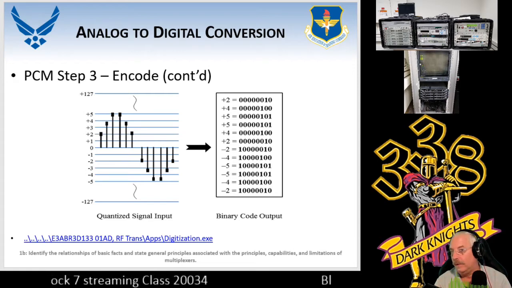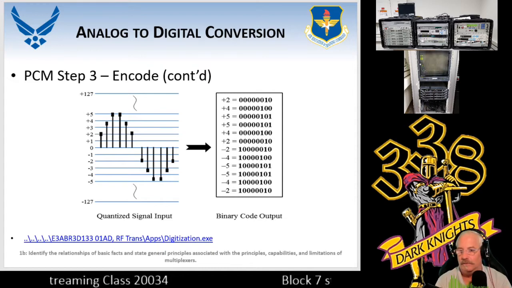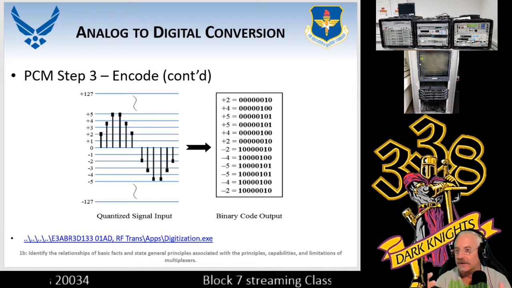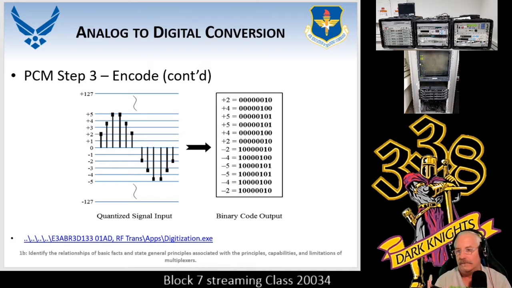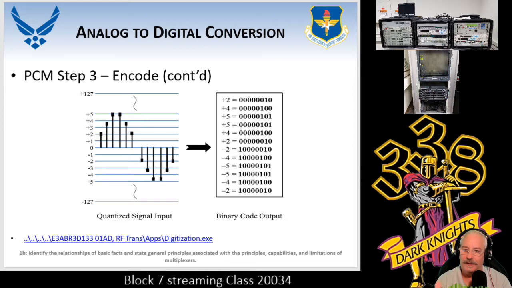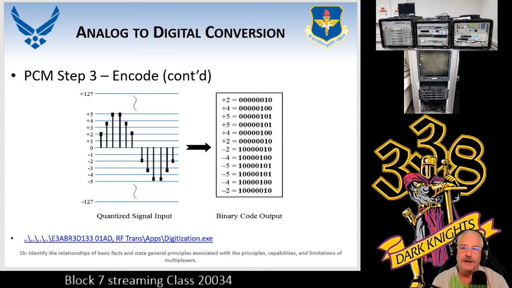But in our wonderful world of communications, we only need to sample the voice. We don't need to go from, most of our music is anywhere between 5 hertz all the way up to 20K hertz, and sometimes I've seen stereo systems go all the way up to 25K. Most humans can't hear beyond 20. So with that in mind, the more you sample, the better the quality, but you also need more processing power.